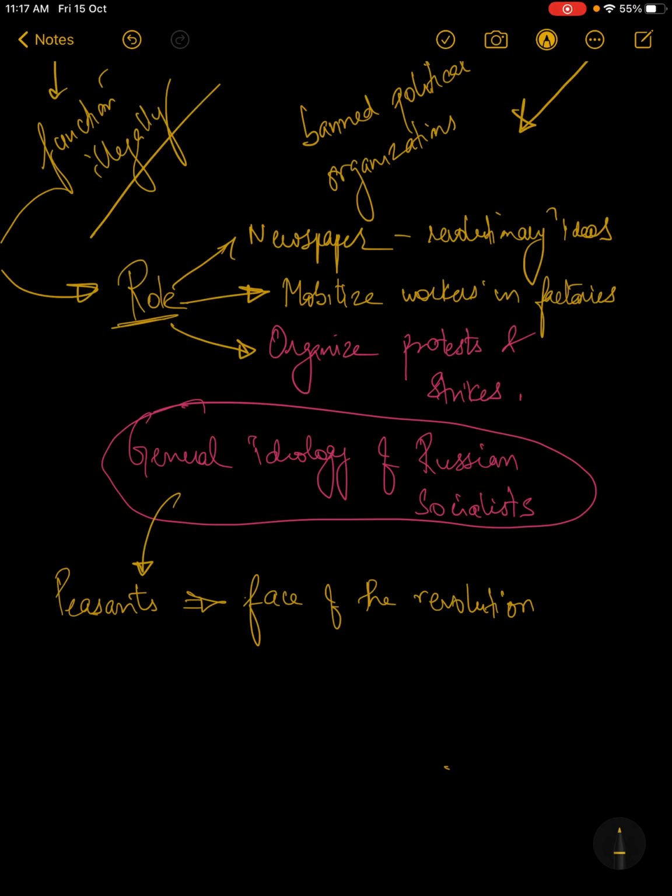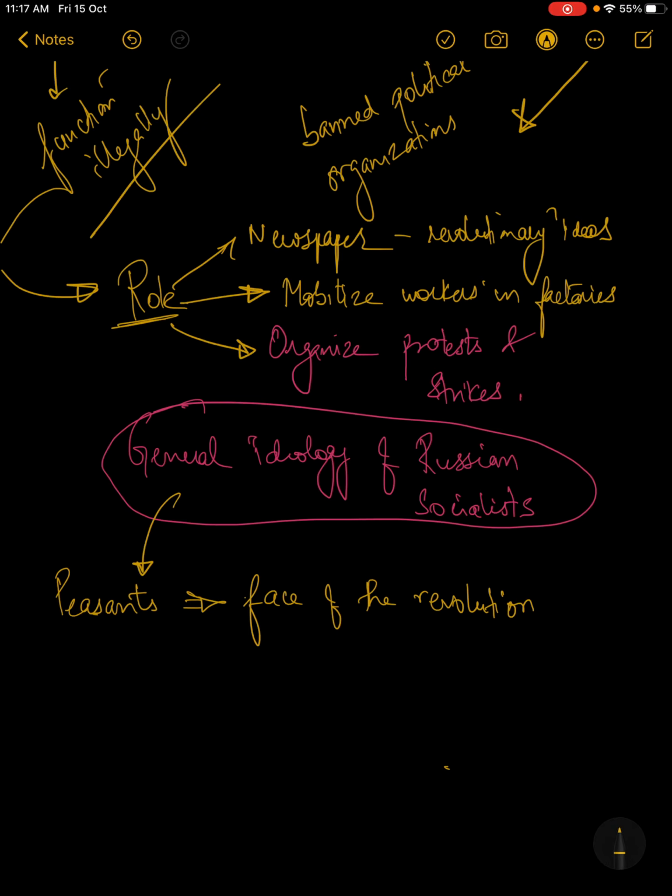So as you can see, it is collective ownership and distribution of land, which is a socialist concept.